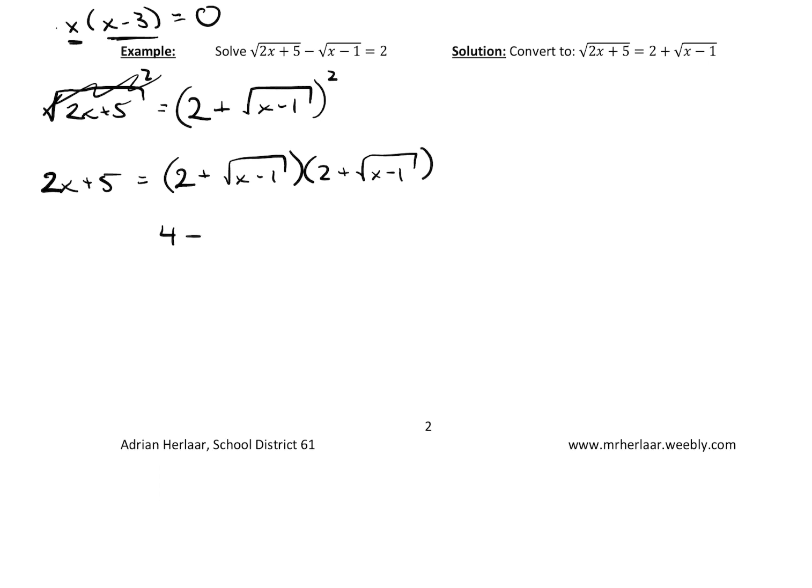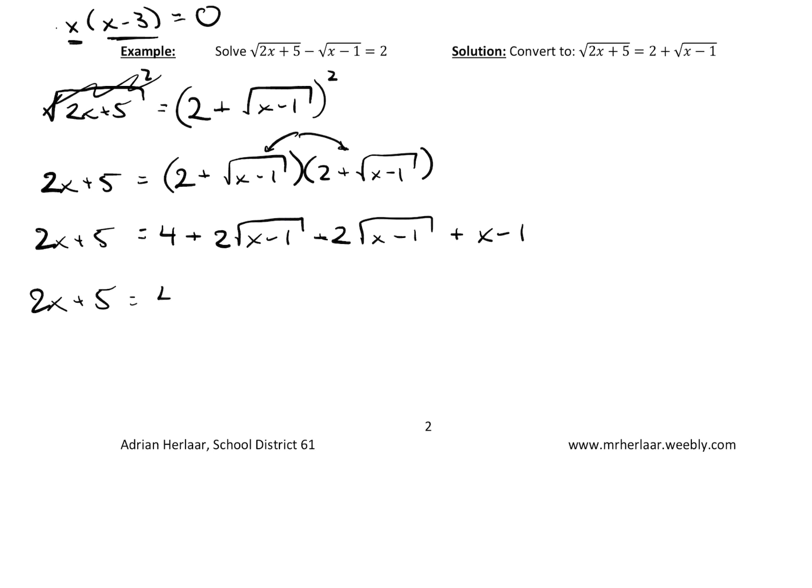And then plus 2 root x minus 1 plus 2 root x minus 1 plus, when this multiplies with this, the radical just cancels, x minus 1. Now if you simplify this, you're going to have 2x plus 5 equals 4 plus 4 times root x minus 1 plus x minus 1.